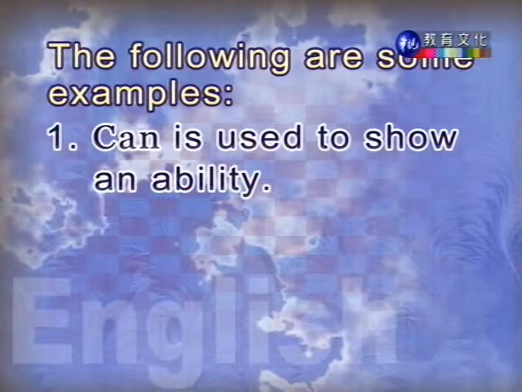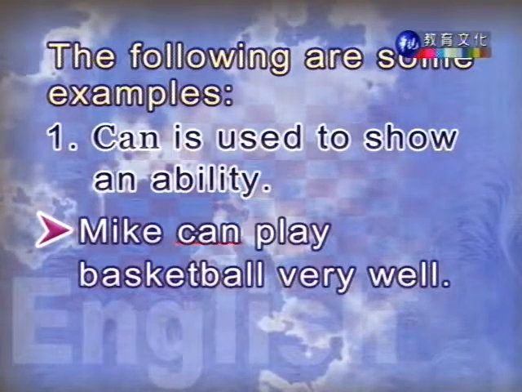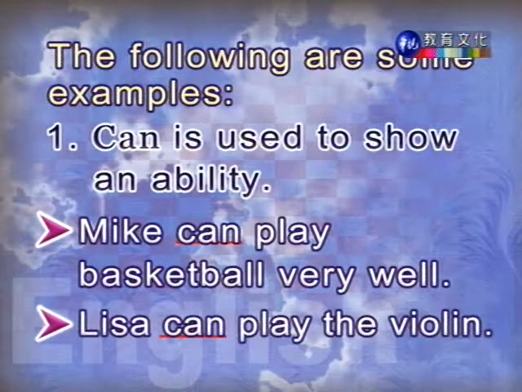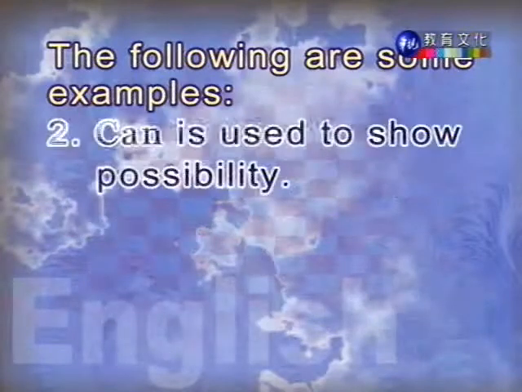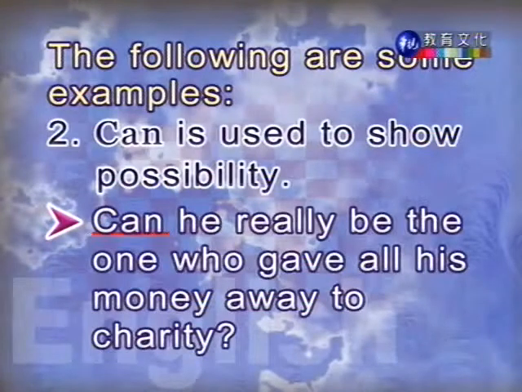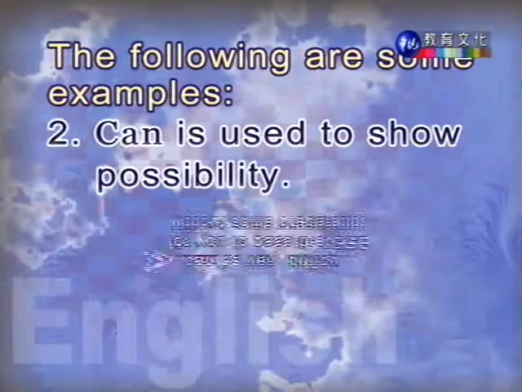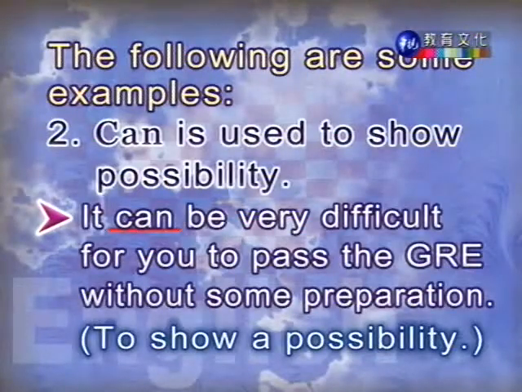Can is used to show an ability. Mike can play basketball very well. Lisa can play the violin. Can you speak Japanese? Are you able to speak Japanese? Can is used to show possibility. Can he really be the one who gave all his money away to charity? It can be very difficult for you to pass the GRE without some preparation, to show a possibility.